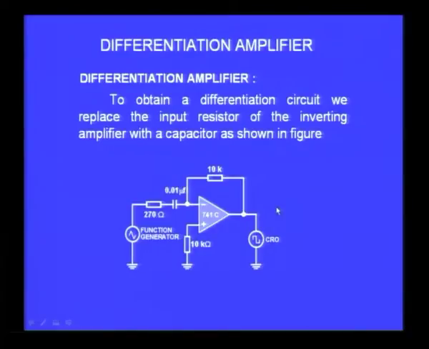Okay, how do I check whether it is performing a differentiating operation? If I give a sine wave, I have no way of knowing it, because a sine wave after differentiating becomes another sine wave or cosine wave with a phase difference of pi by 2. Therefore I would not be able to distinguish between the input and output with any characteristic features, and therefore I would rather go in for the well known fact that we have already learned in the integrating circuit, that when I apply a square wave to an integrating circuit, I get a triangular wave.